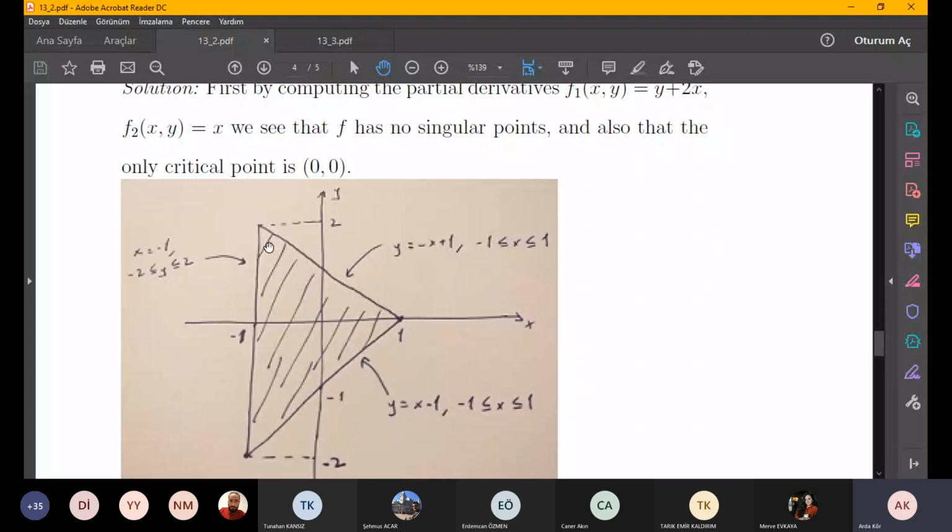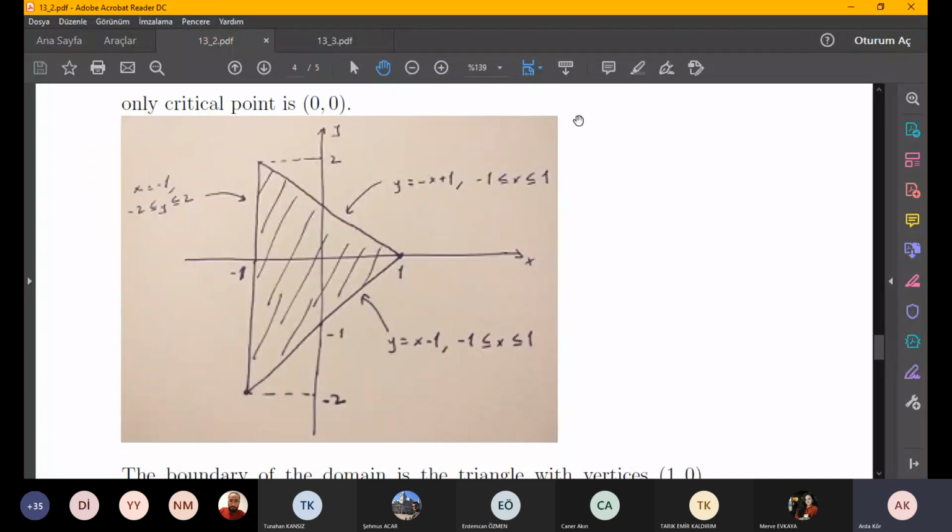So this is the line minus x plus 1, and the other one is x minus 1. So that will be the region D. This is the region.